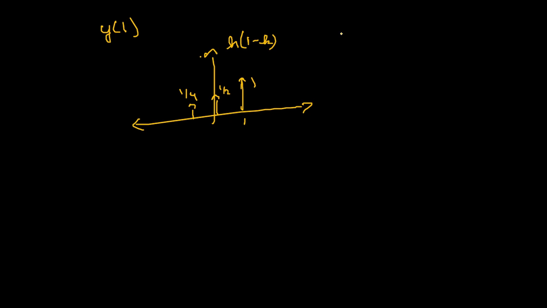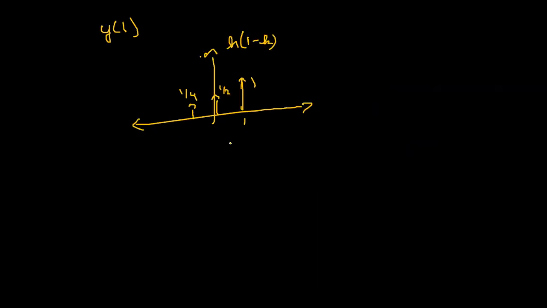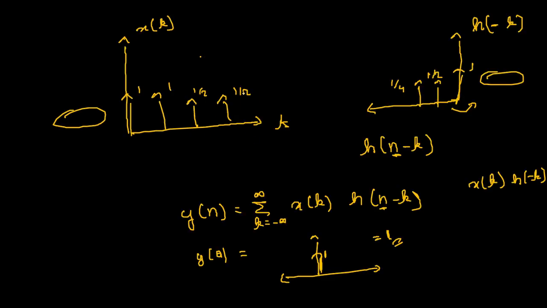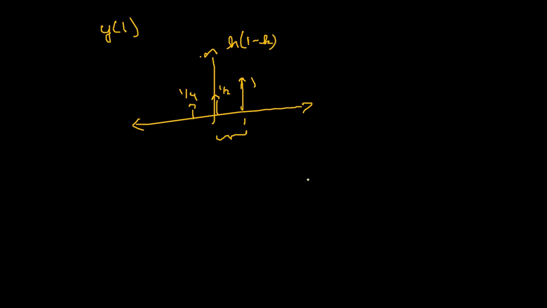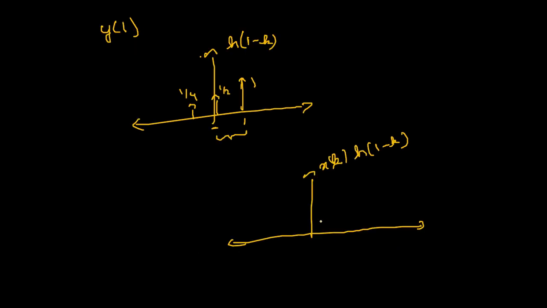Right. So now I need to multiply this with x of k. Like you can see now there are two places where the graph is common, that is 0 and 1. So the multiplied graph, that is x of k into h of 1 minus k, looks like this. At 0, this is 1 by 2 and this is 1, so at 0 we have the product which is 1 by 2.